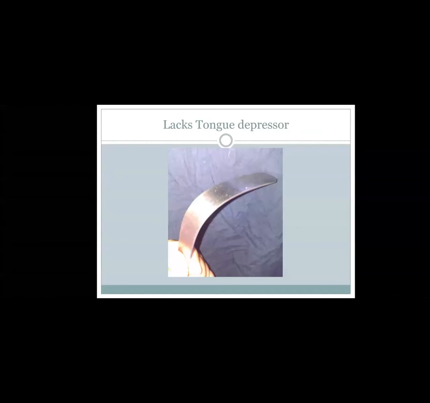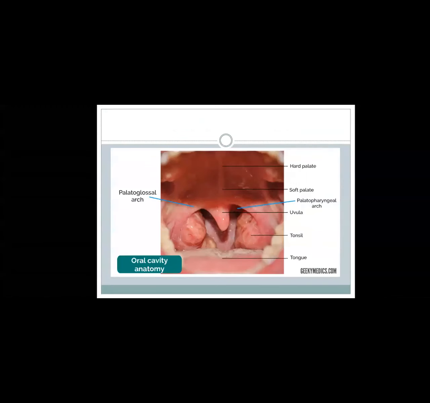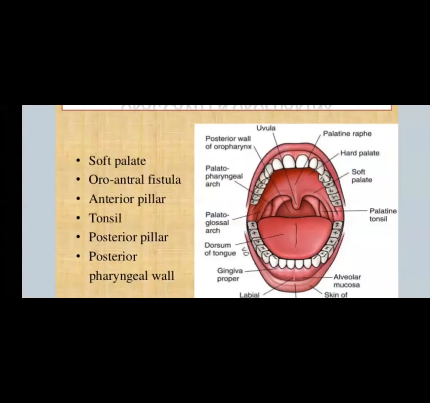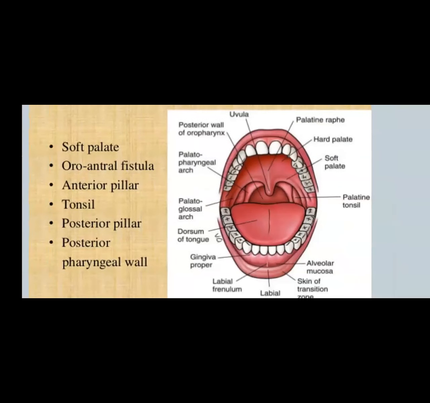So what do you do with that? You have to depress the tongue and you can visualize the structures in the oral cavity and the oropharynx. Why I put this chart? Before this, we'll go to the previous slide. See, this is the oral cavity and the oropharynx. With further magnification, you can see the uvula is the one which hangs in the center.